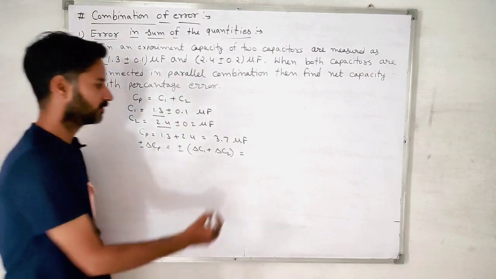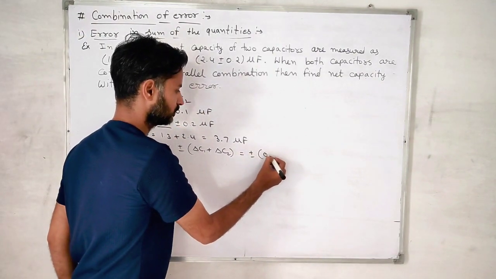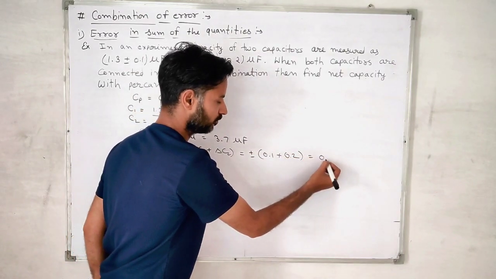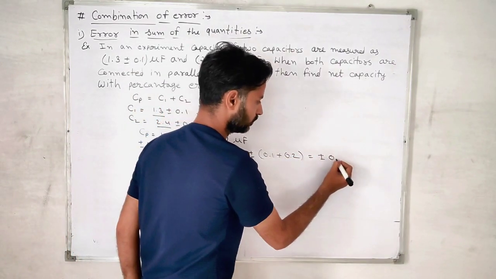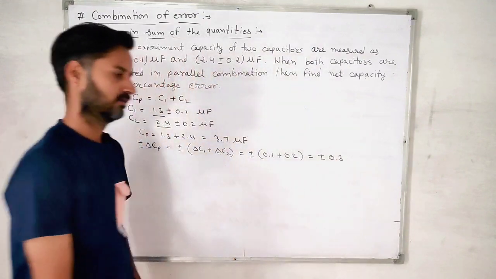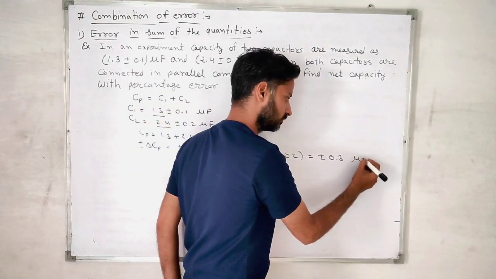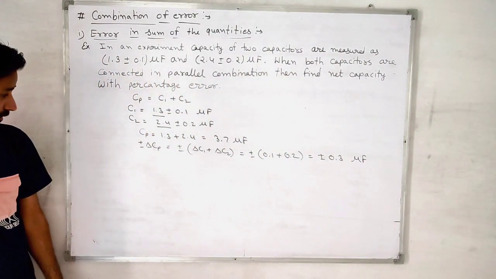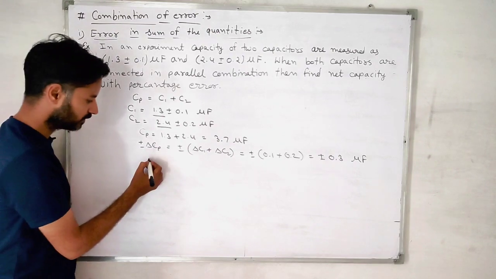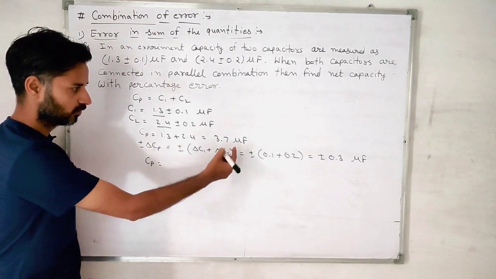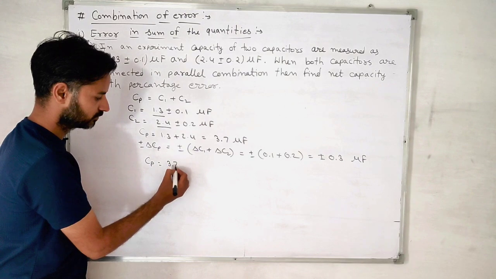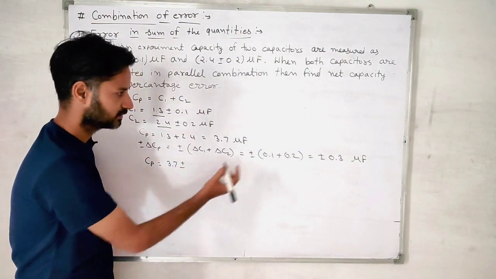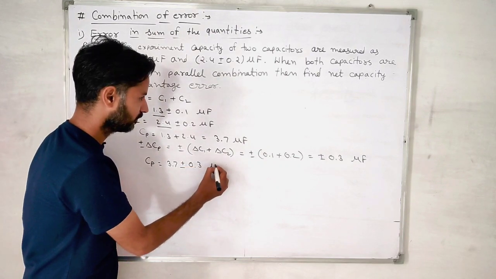So the value is 0.1 plus 0.2, which will be plus minus 0.3 microfarad. So the value will be written as Cp equal to 3.7 plus minus 0.3 microfarad.